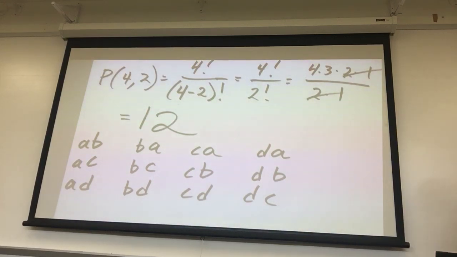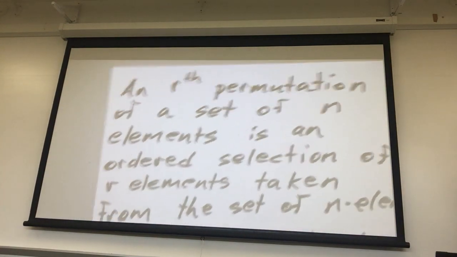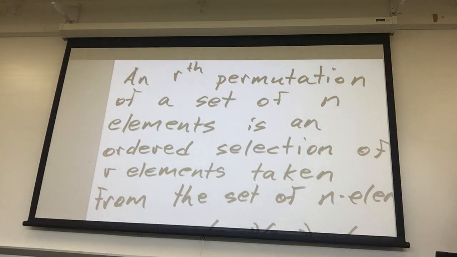So on this problem we have an Rth permutation of a set of n elements, which is an ordered selection of R elements taken from the set of n.